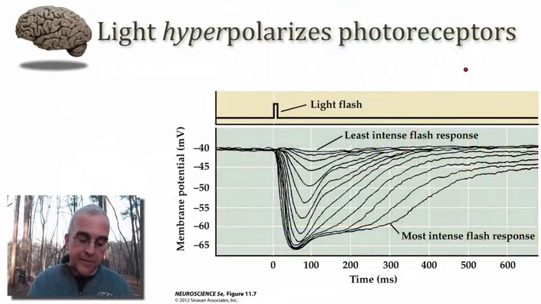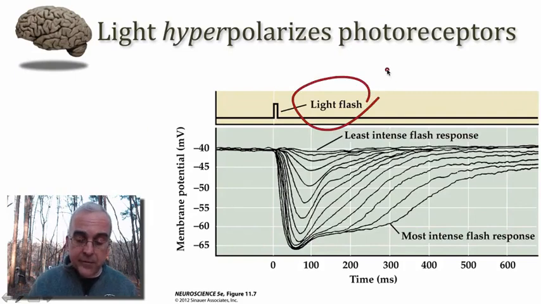Here we have a recording of membrane potential from a photoreceptor, and the experiment is to provide a very brief flash of light. And what we can find is that there is a graded response with the intensity of that flash of light. But notice the polarity of the response.